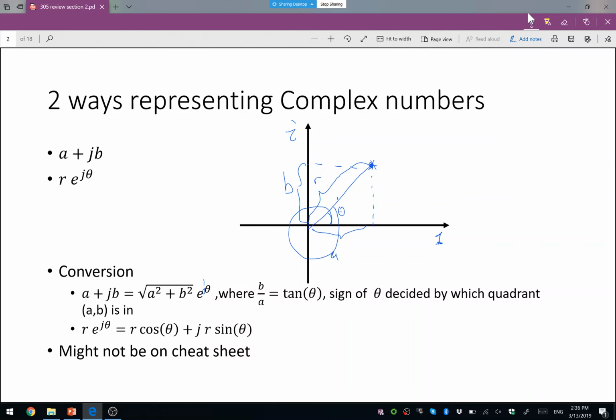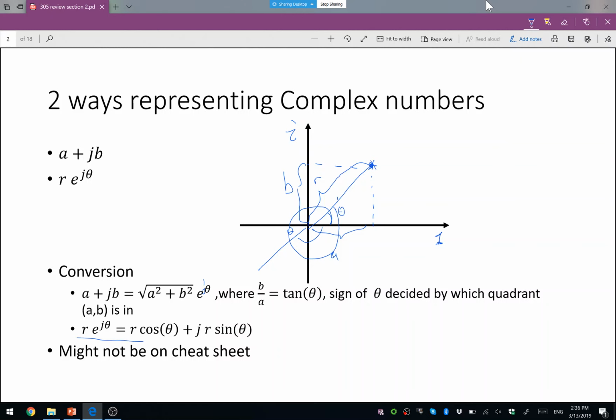Like here, theta is positive, but here, theta is something negative, or something exceeding pi. But usually we're not doing this kind of transformation. Usually we're doing the other way back.